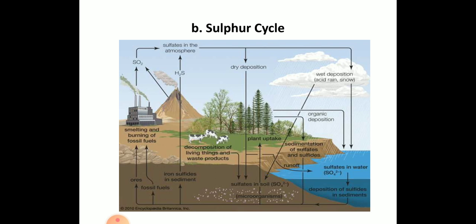Due to iron sulfide sedimentation taking place, H2S is also released, and later from fossil fuels or even microorganisms some sulfur is released and gets deposited into the earth crust. So this is how the cycle takes place. So know the correct cycle, then you need to explain it in your own words.